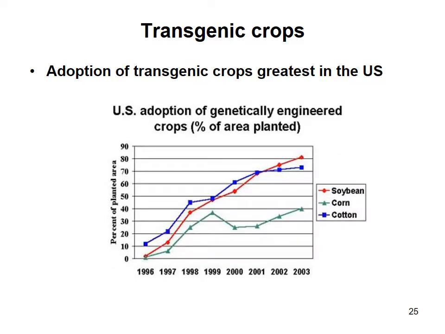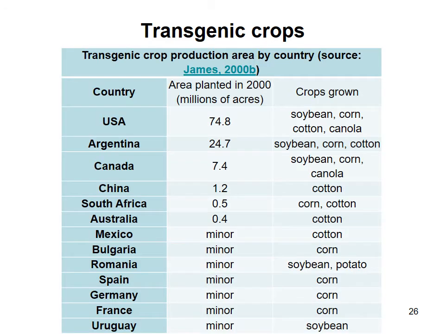Adoption of transgenic crops in the United States has been far greater than in any other country. This table summarises the transgenic crop production area by country as of 2000. Most of the transgenic crop varieties currently grown by farmers are either herbicide tolerant or insect pest resistant.